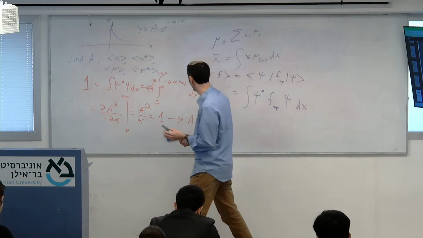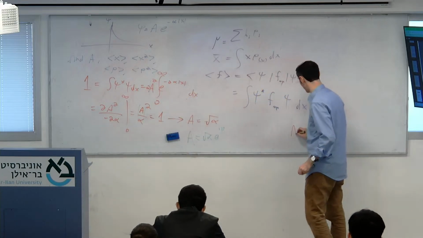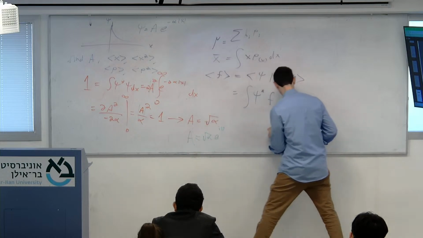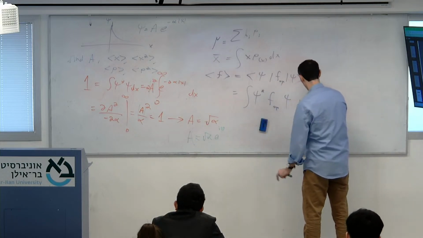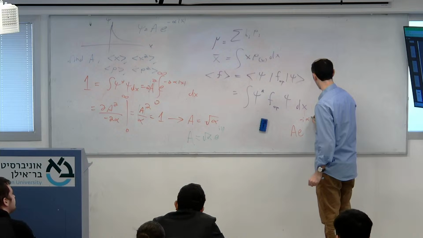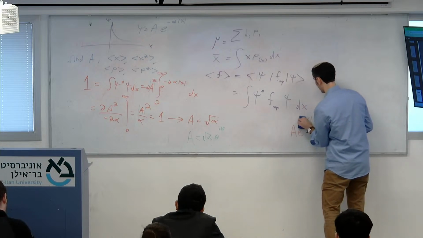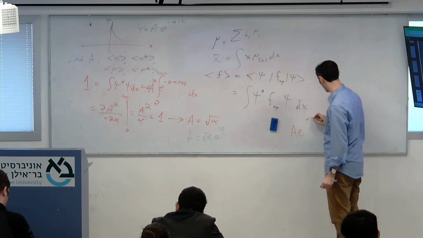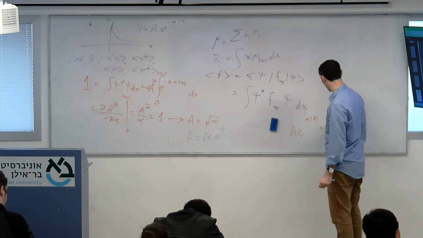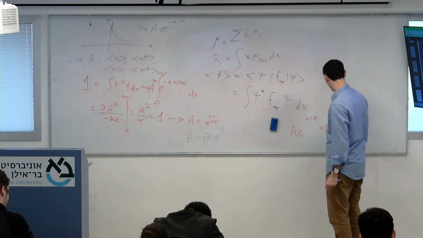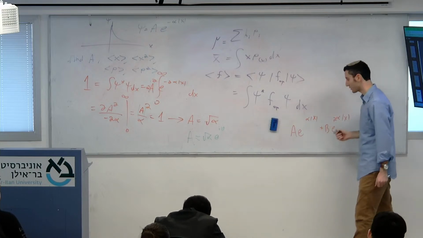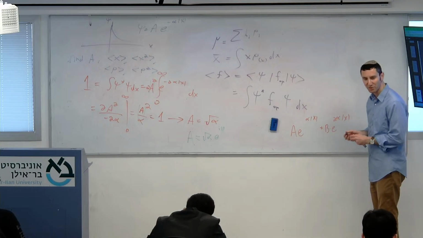If my wave function would have been, I don't know, A e to the i minus i alpha, no i. Let's say this would have been my wave function.